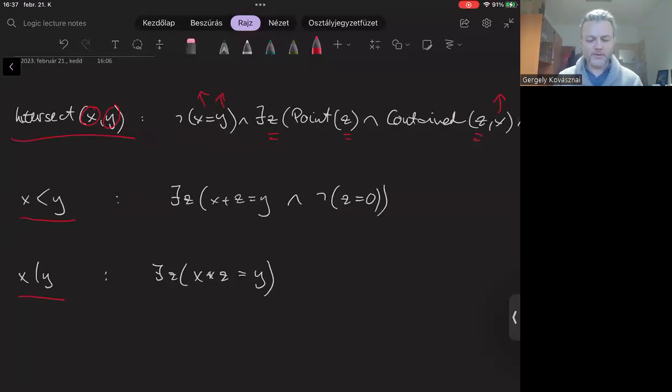Okay, let's talk about the second example, which is very similar to the previous one. We have one single bound variable z. All the occurrences of z are bound. Basically, we are looking for a positive number z, which if we add to x, then we get y.